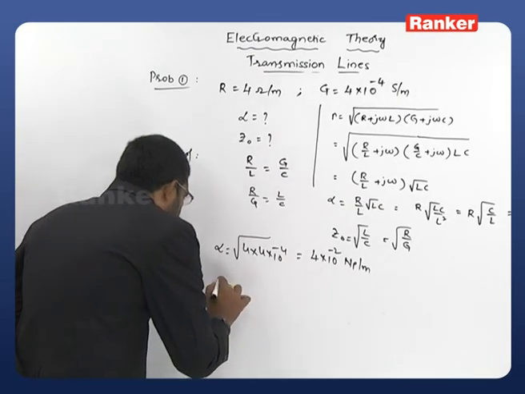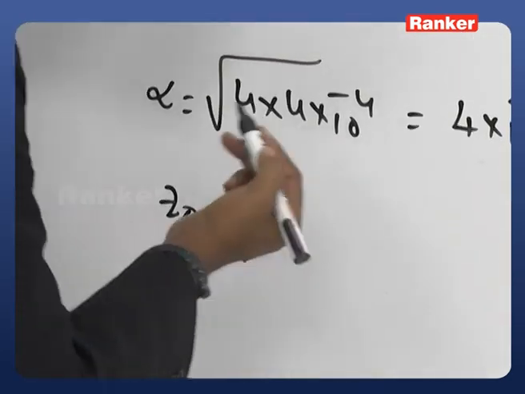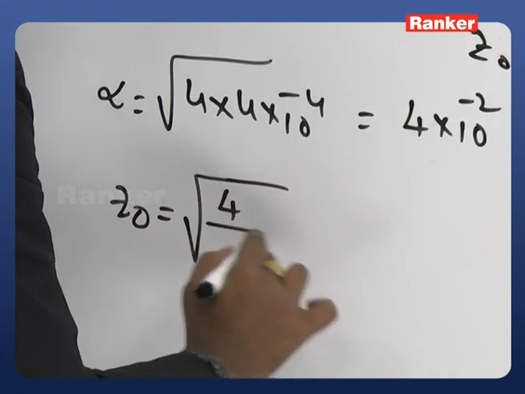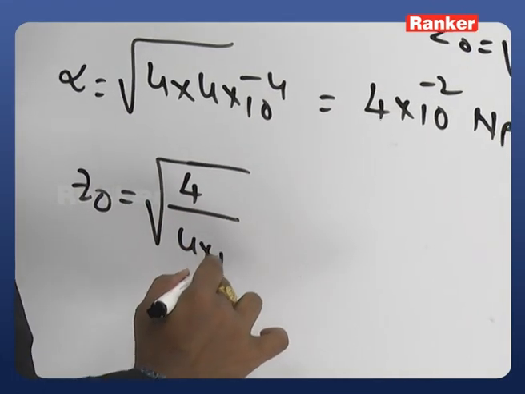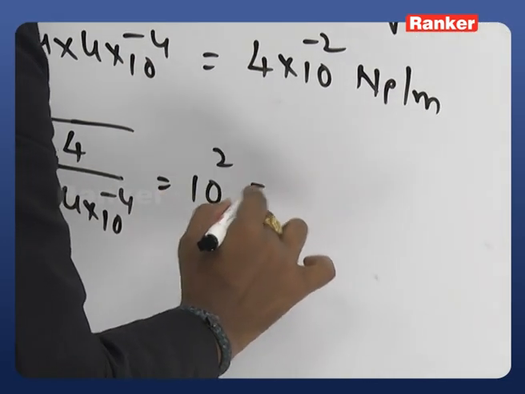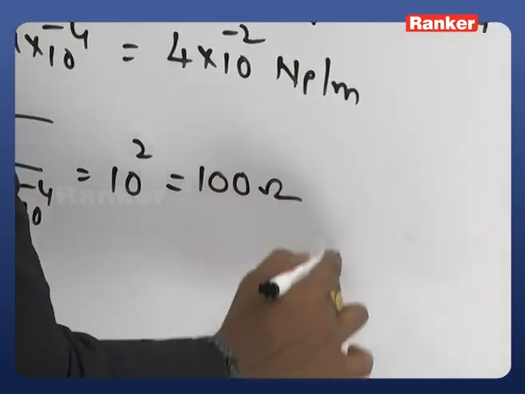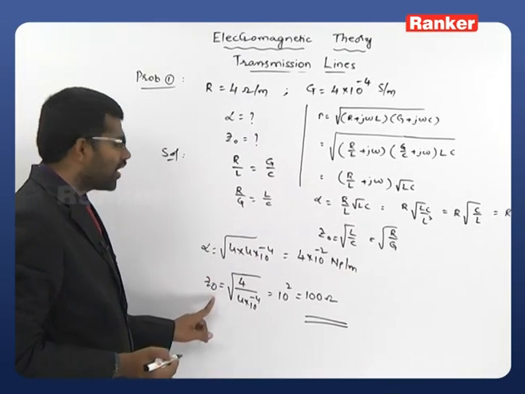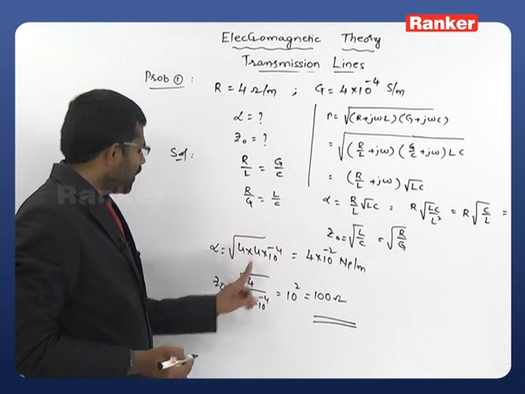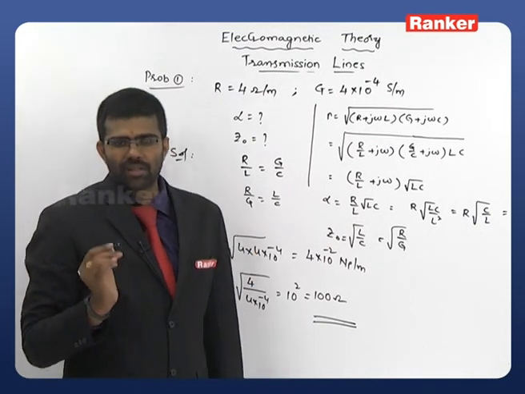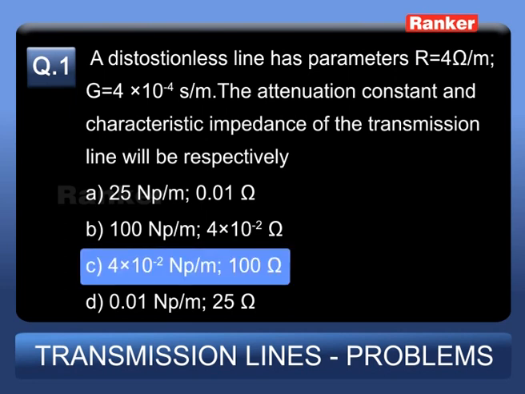And Z naught is equal to root R by G: 4 divided by 4 into 10 power minus 4, which gives 100 ohms. So easily you can obtain these two parameters alpha and Z naught. Wherever these two options are available, put a tick mark or bubble it. This is the answer for our problem.